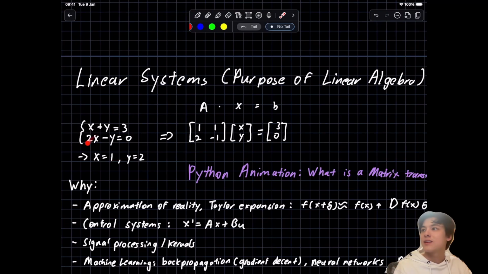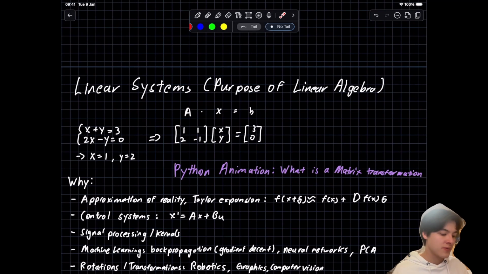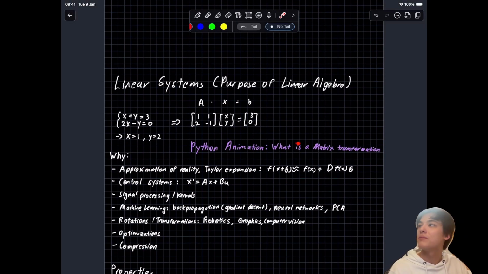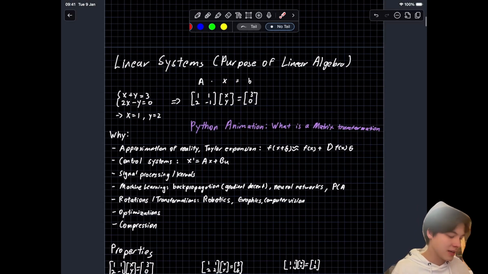This happens a lot, and I'll talk about the why later, but we can also use matrices to write it down like this: 1x, 1y equals 3, 2x minus y equals 0. So that's Ax equals b. Maybe I'll look at it later.